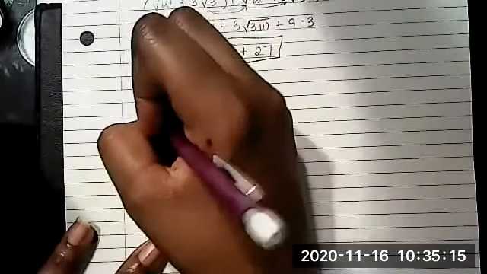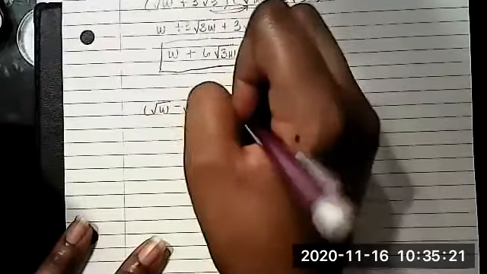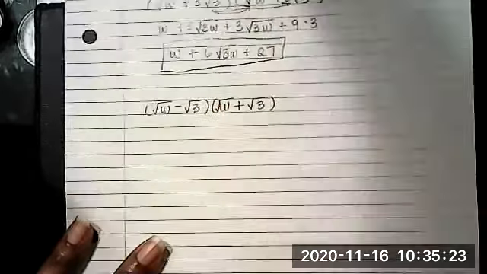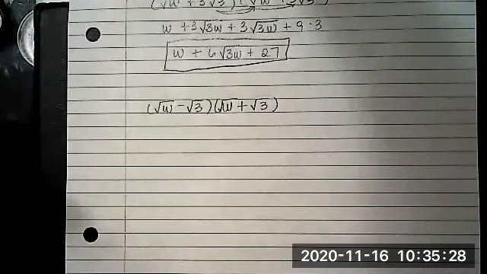The second part of number 13 is the square root of W minus the square root of 3, and then the square root of W plus the square root of 3. Okay, that looks like a difference of squares. All right, so we'll do that one.